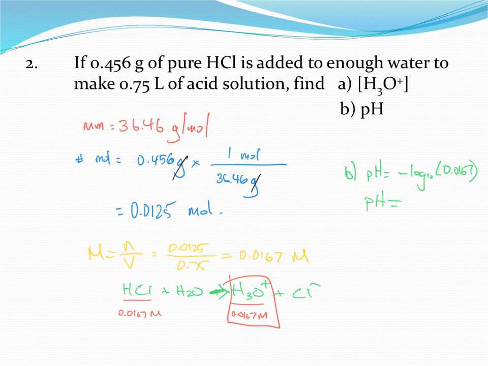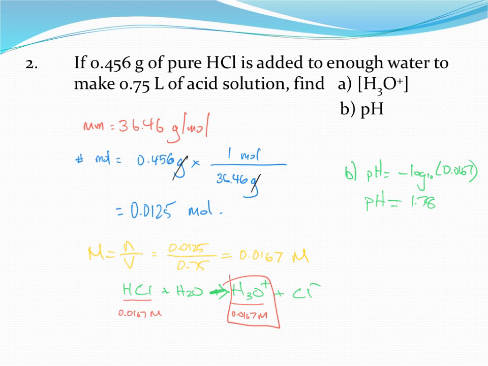Again, we're going to use our calculators here, and what we're going to get is a pH of 1.78. So that gives us our pH of 1.78 using the hydronium ion concentration that we calculated on the left-hand side.